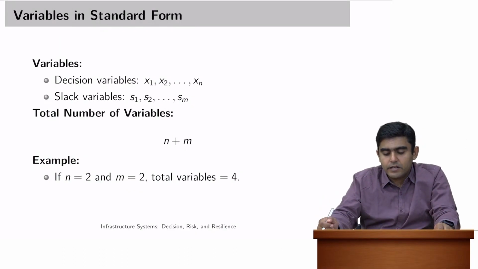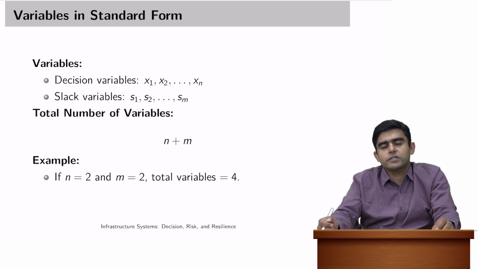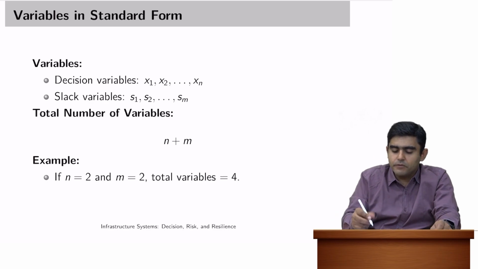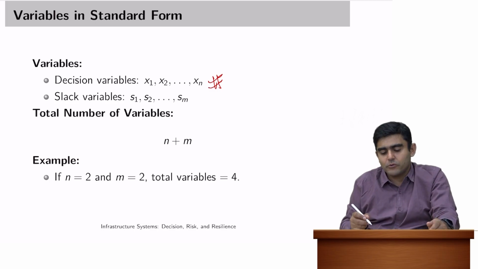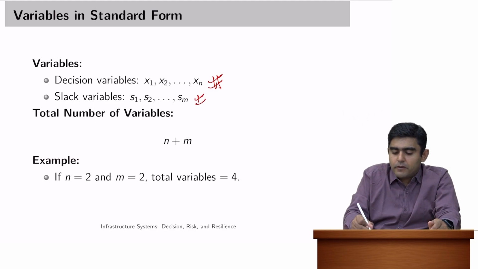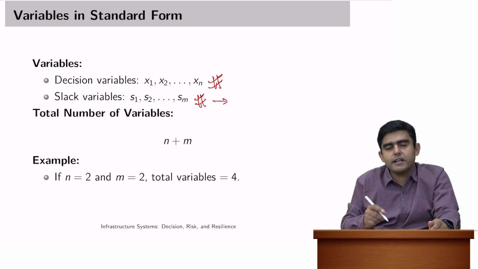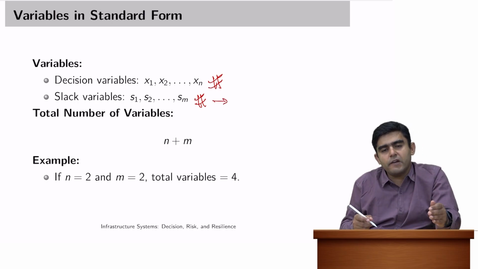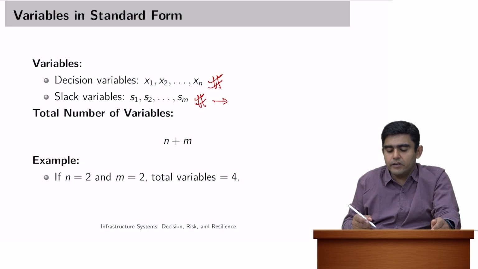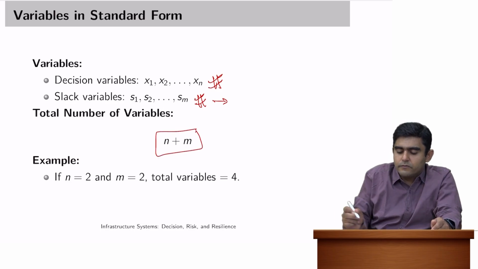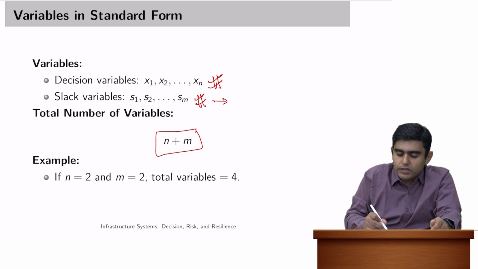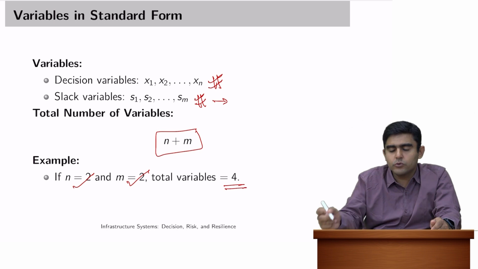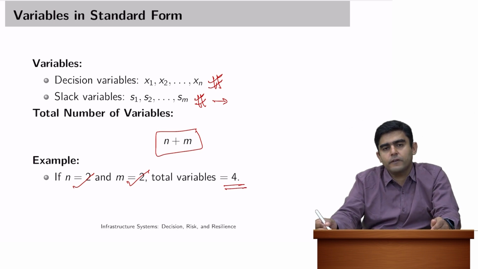So, after converting our problem to standard equality form, we would have n decision variables that were originally present in our question and m slack variables, one slack variable being introduced for every constraint that we are dealing with, as a result of which we are going to handle n plus m variables. So if n is equal to 2 and m is equal to 2, we are looking at a total of 4 variables.